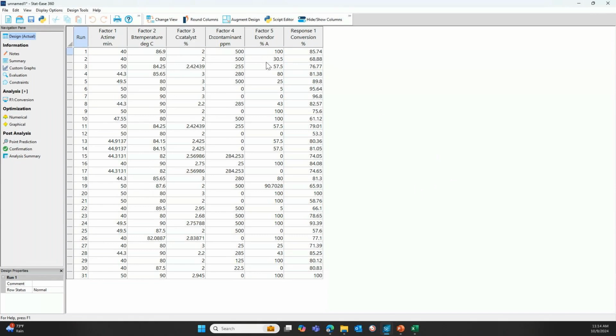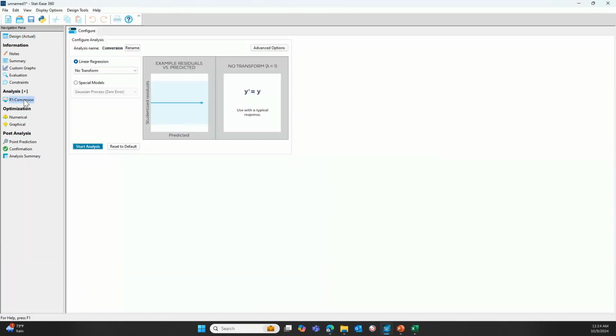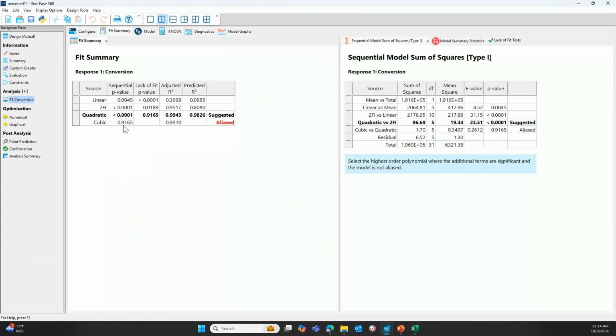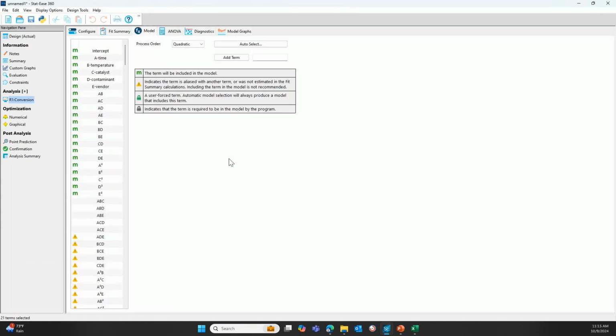So here's our data. So the first thing we need to do in our software, as usual, would be to analyze and create an appropriate predictive model. So I will click on conversion. I will start the analysis. It's going to recommend a quadratic model. We will accept that. I know in advance that I am going to want to remove some of the non-statistically significant terms, and I'm going to do that the simple way.